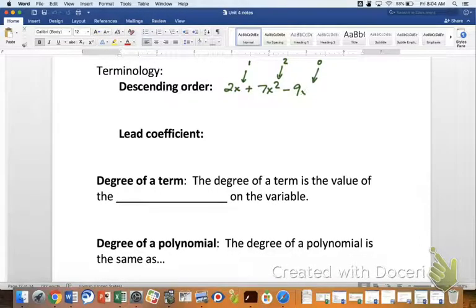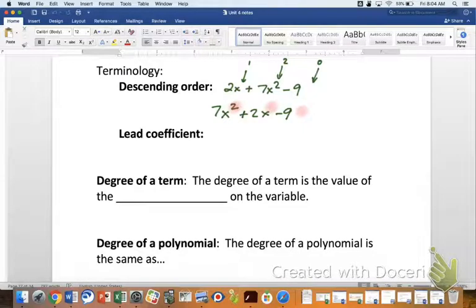We'll get into that a little bit later. But for now, let's focus on the 2 and the 1, and the fact that the 9 doesn't have a variable. To write this in descending order, I would say 7x squared plus 2x minus 9. Notice how the exponents go from 2 to 1 to there is no variable. So the exponents on the variable have to descend in order for the polynomial to be in descending order.